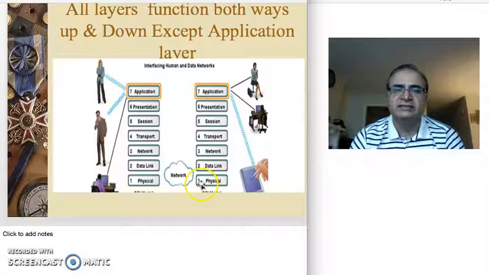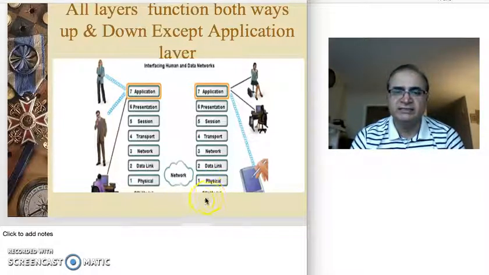The physical layer handles all the physical standards, like what connectors will be used, what type of cable, optical fiber cable, or wireless media. It also handles how the data will be transmitted, whether as an electrical signal on the wire or as an optical signal. All these functions are performed at the physical layer.